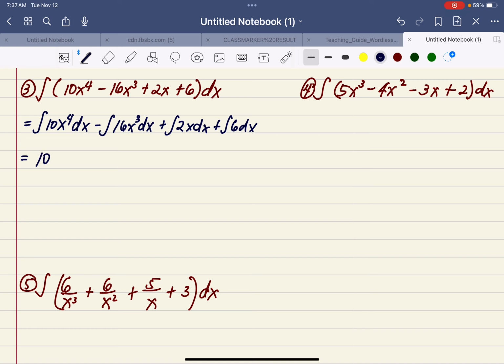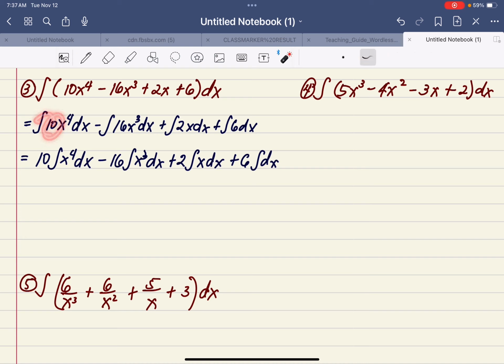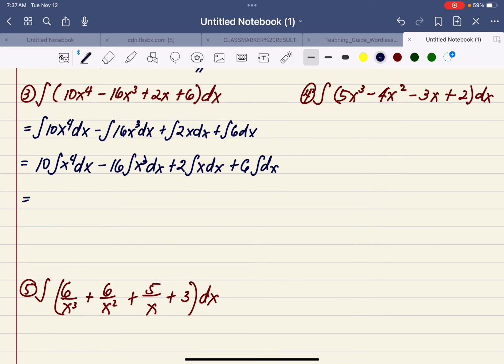That will become 10 times the antiderivative of x raised to 4 with respect to x minus 16 times the antiderivative of x cubed with respect to x plus 2 times the antiderivative of x with respect to x plus 6 times the antiderivative of dx. So we write the coefficient before the integral symbol. Then simplify.